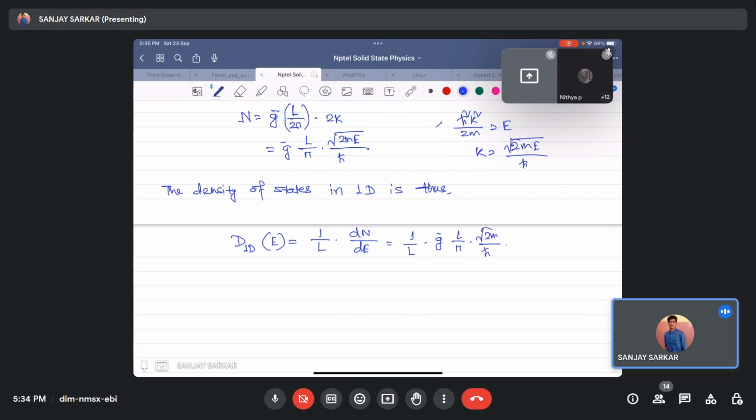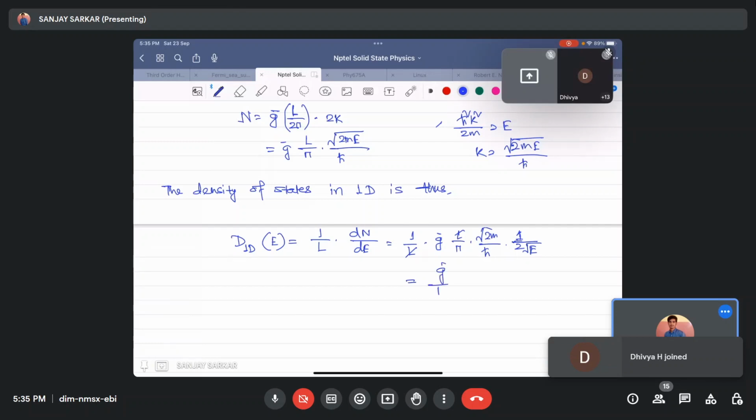And what is the derivative of E to the power half with respect to E? It will be half, 1 by 2 root E. So ultimately L gets cancelled out, so there will be a root 2 in between.